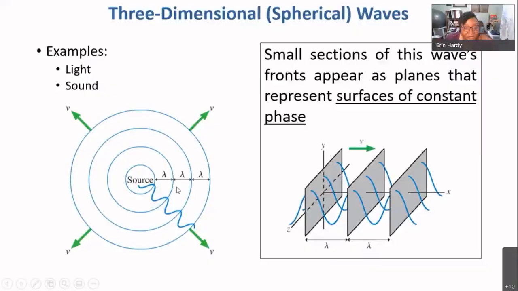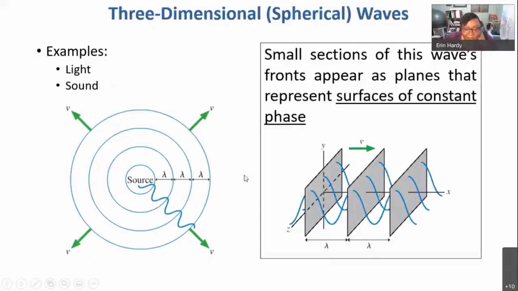Those adjacent shells, or adjacent surfaces, are still going to be separated from their nearest neighbor by exactly 1 lambda. They are still going to be some mixture of maximum displacements, zero displacement, and then the minimum or negative displacement, and all points in between. But now we can imagine taking a slice of this 3-dimensional wave and recognizing that these planes represent segments of that same imaginary shell that I asked you to imagine spreading outward.